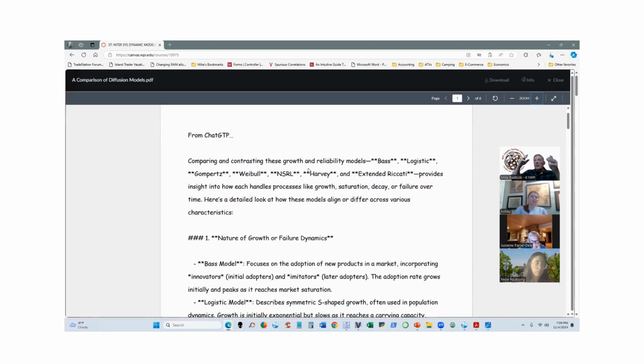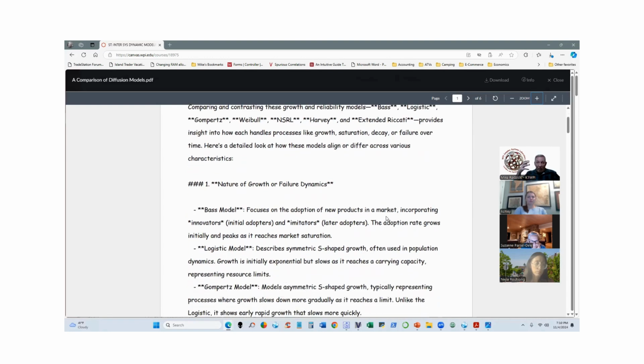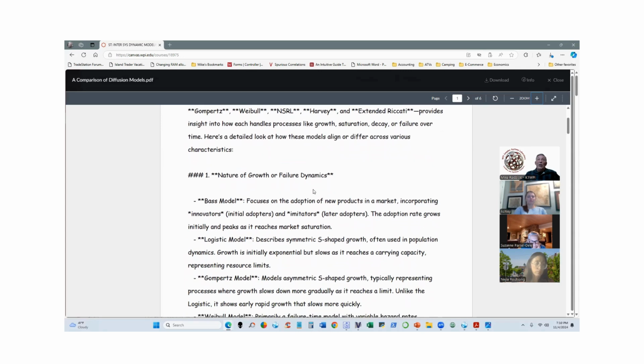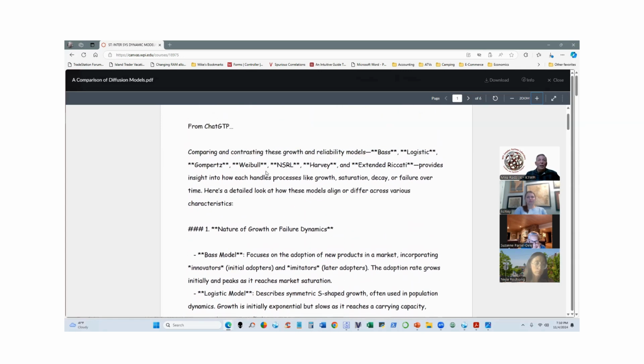They're a list of these S-shaped growth models, and they have advantages and disadvantages. I could look up each one and try to figure it out, or I could just ask ChatGPT to summarize them for me. You can read it on your own; I just want to call your attention to this. Here's what it came up with when I said, compare and contrast these models.